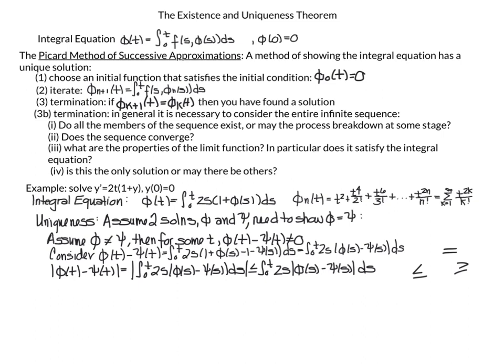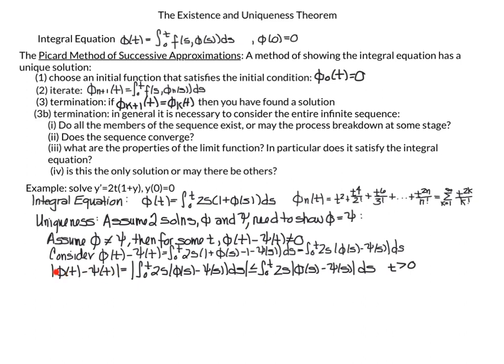So to reiterate, we can show equality by showing that both of these conditions hold: the left-hand side has to be less than or equal to the right-hand side, as well as greater than or equal to the right-hand side. And sometimes these inequalities are easier to show than the equalities. So we introduce an inequality by putting in the absolute value. Now we can take the absolute value of both sides of the equation.